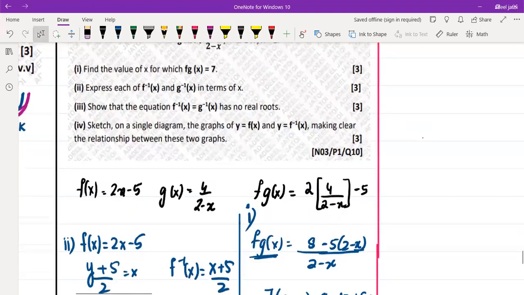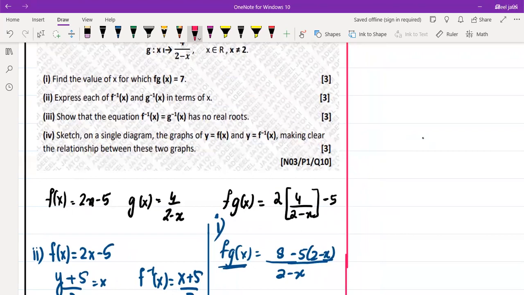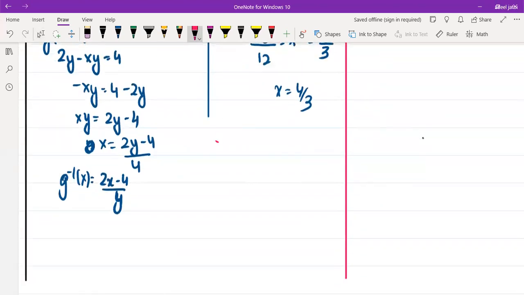Part 3 says, show that the equation f inverse of x equals g inverse of x has no real root. So f inverse of x is equal to g inverse of x, and the question is no real root. That means b squared minus 4ac will be less than 0.